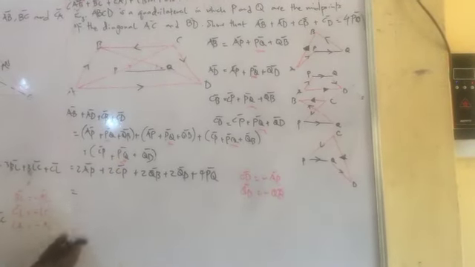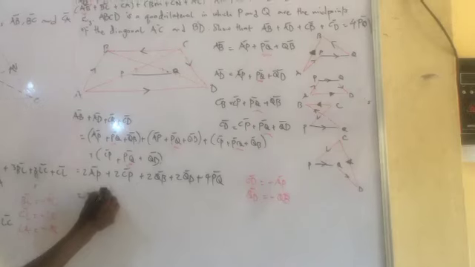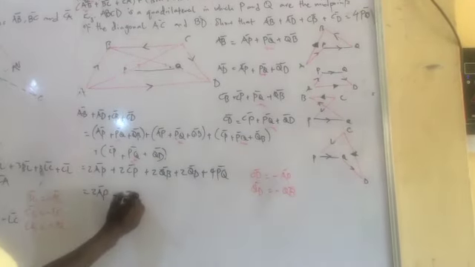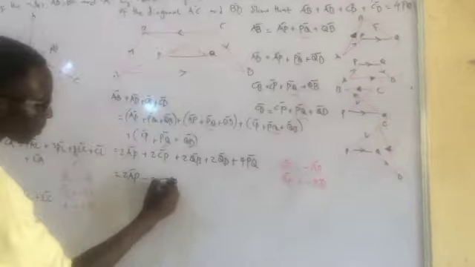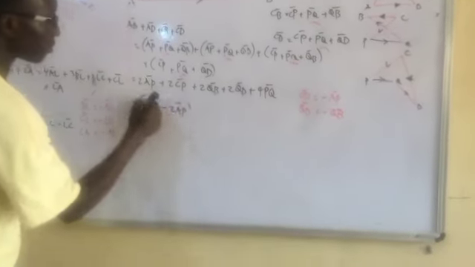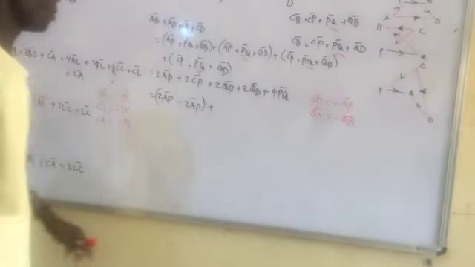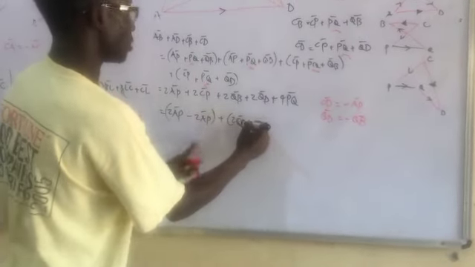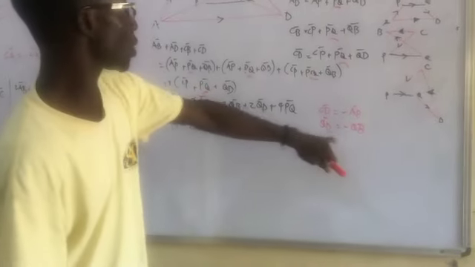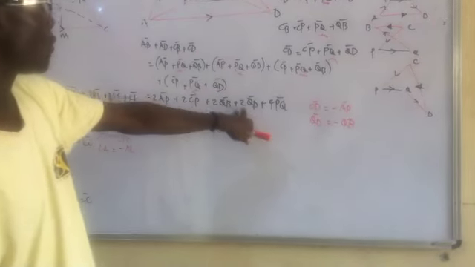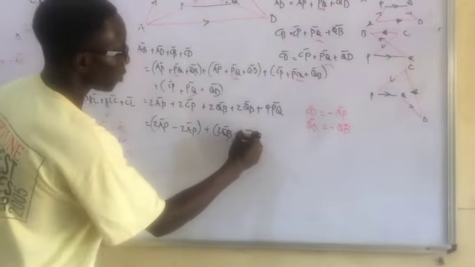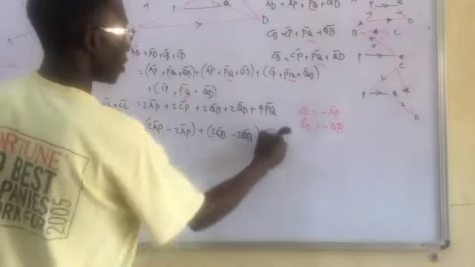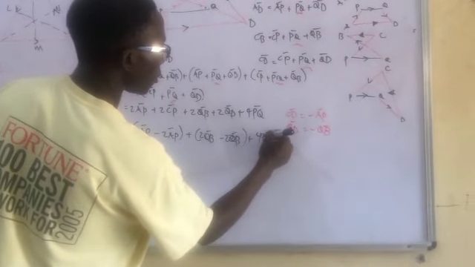And so we have our answer already. Because when you look at it now, you can see 2 AP plus 2 CP, where CP is now minus AP, so you have minus 2 AP here. Then plus 2 QB. And now that QD is minus QB, we will be having minus 2 QB here also. Then our boss here, which is 4 PQ.